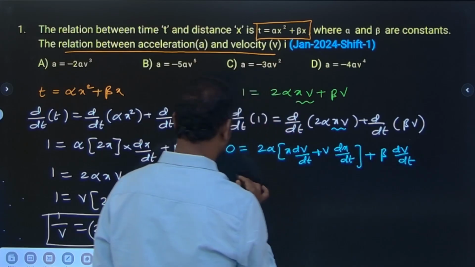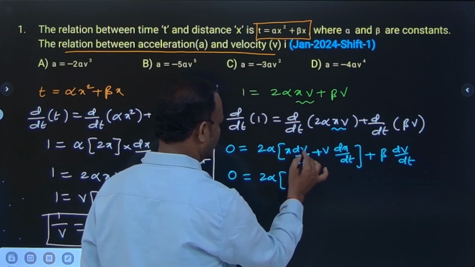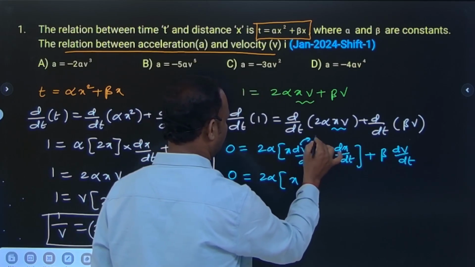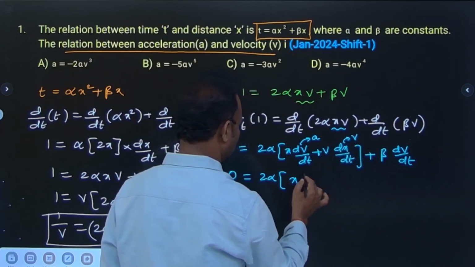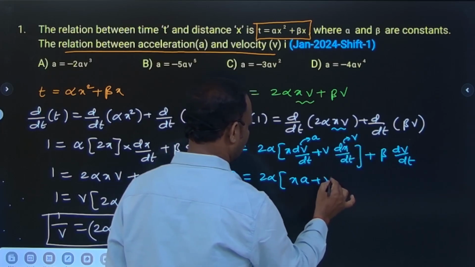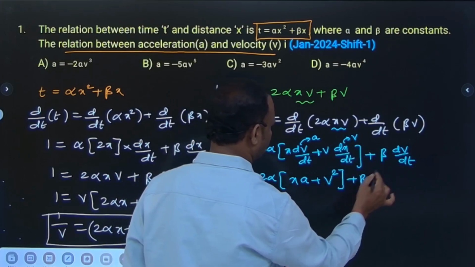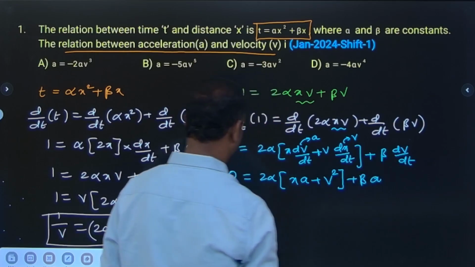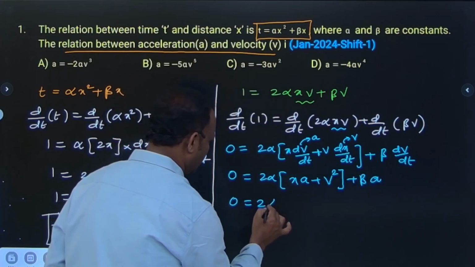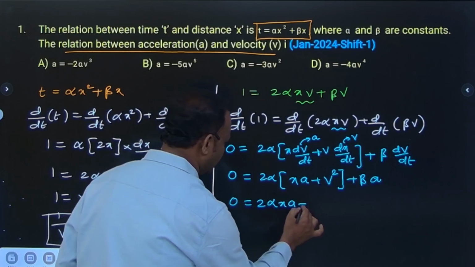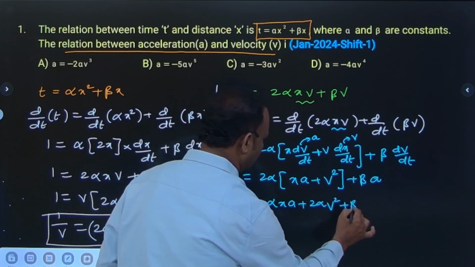Now 0 is equal to 2 alpha x into dv by dt, which is acceleration, plus dx by dt, which is velocity, so v into v square, plus beta dv by dt, which is acceleration. So 0 is equal to 2 alpha x a plus 2 alpha v square plus beta a.